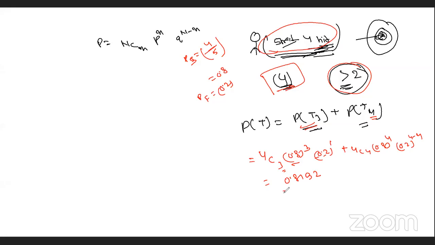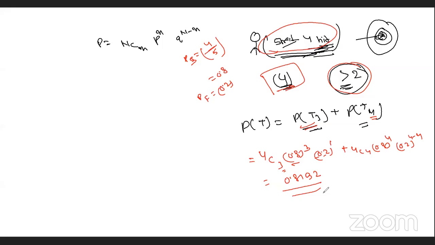So I can say that there is an 81% chance, 81.9% chance precisely, that the person will be able to hit a target more than twice. So this is what you will get in this particular place.